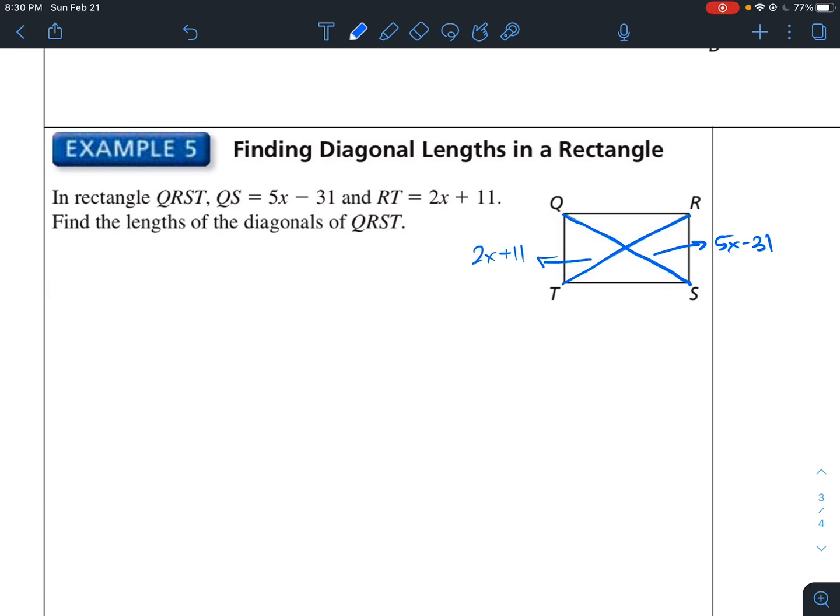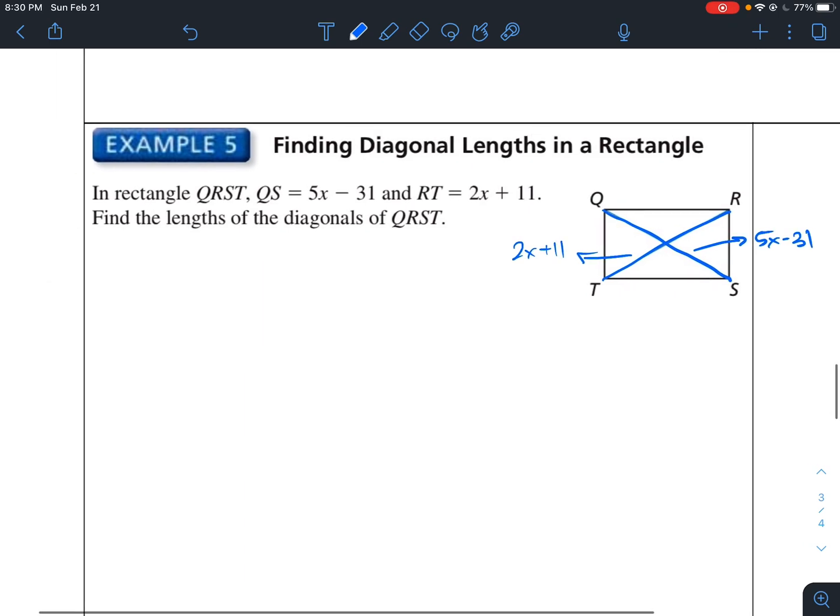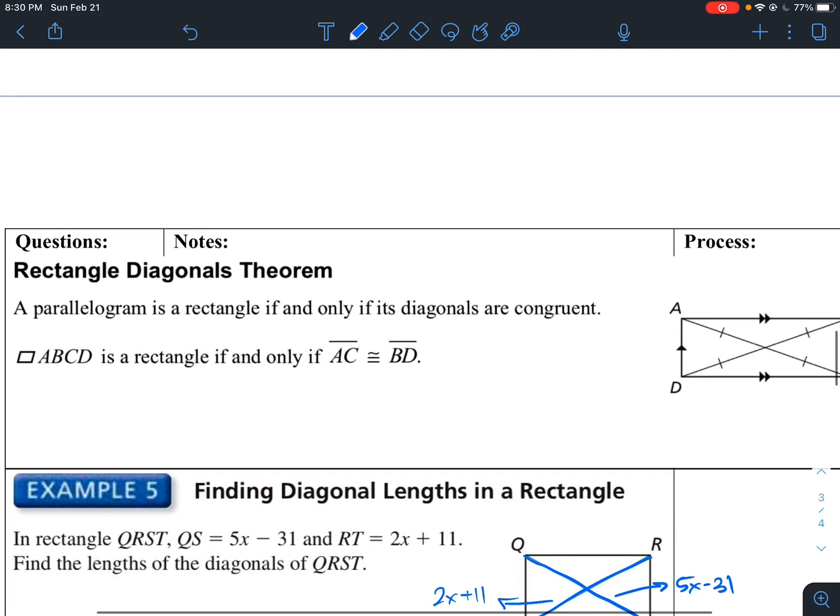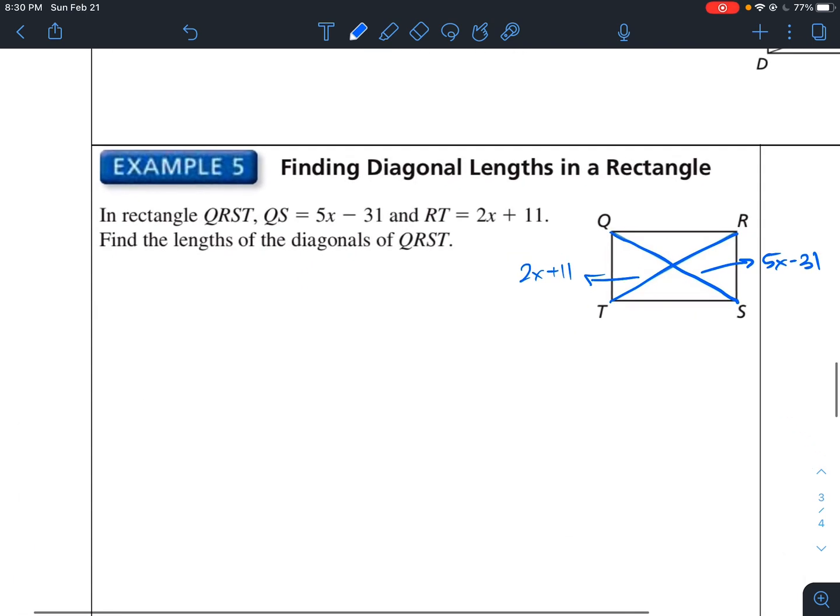Find the lengths of the diagonals of QRST. So find the lengths of these diagonals. Well, since we know that this is a rectangle, then we know by this theorem that the diagonals are congruent. So if the diagonals are congruent, I can take 2x plus 11 and set it equal to 5x minus 31.